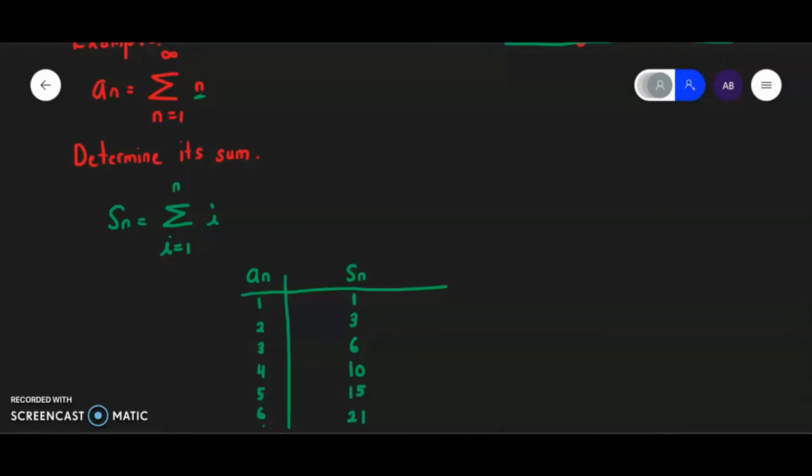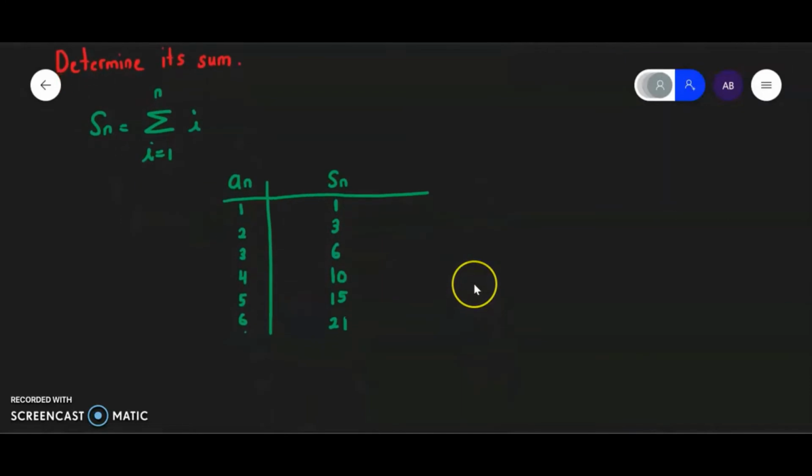This is my Sn. So this is the sequence for an, and this is the partial sum that you obtain. You can see the difference.